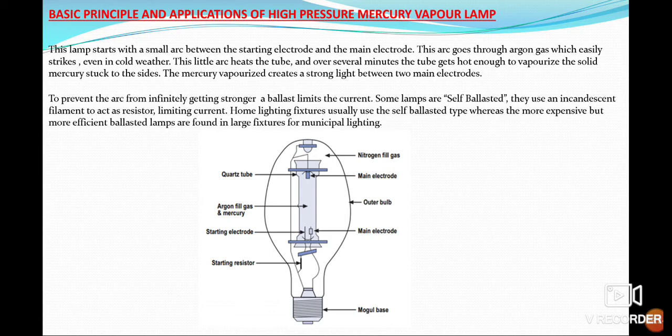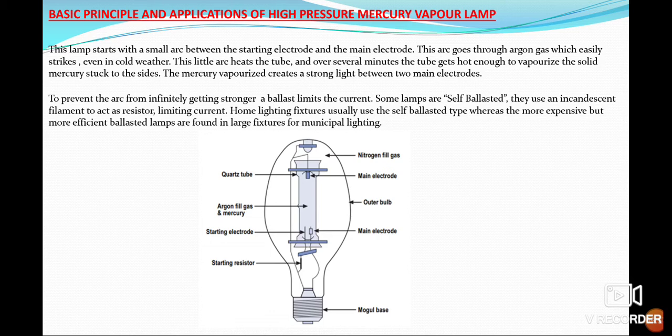So in the diagram, we can see that the arc tube has an argon fill gas and mercury, and the outer side contains the nitrogen fill gas. The bulb has a starting resistor like the previous one, that is the low pressure mercury vapor lamp. It is almost similar in structure to a low pressure mercury vapor lamp. So to prevent the arc from infinitely getting stronger, a ballast limits the current.